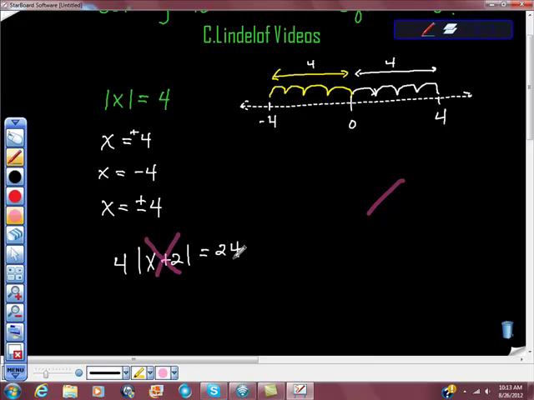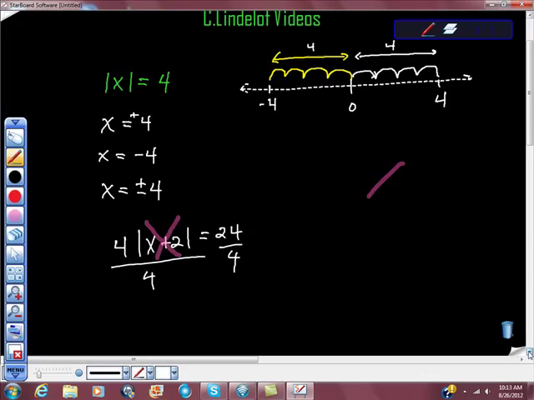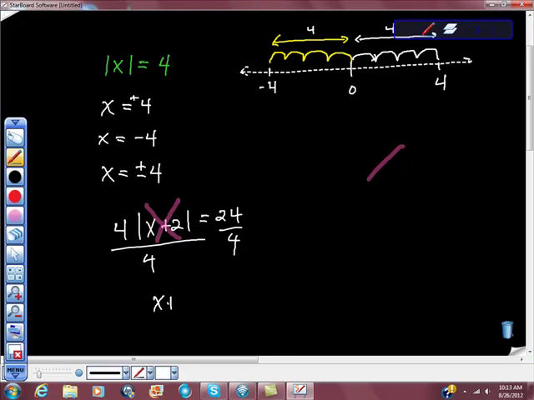So 4x is equal to 24, right? I'm not crossing this out. I'm pretending that this x plus 2 here is the variable right here. So all I would do here, hope we can agree, is divide both sides by 4. And we would get, in this case, the absolute value of x plus 2 is equal to 6, isn't it?